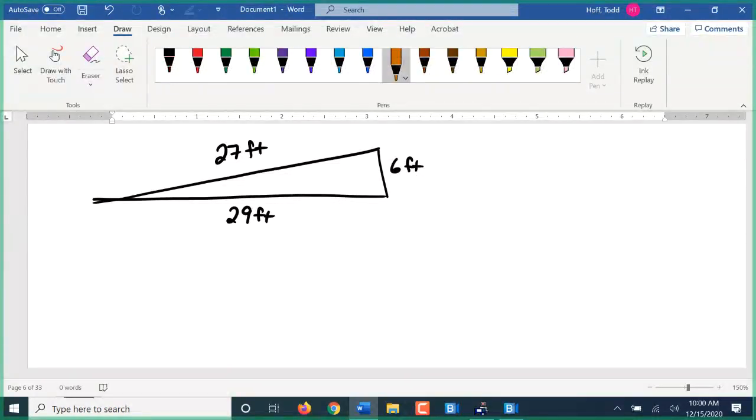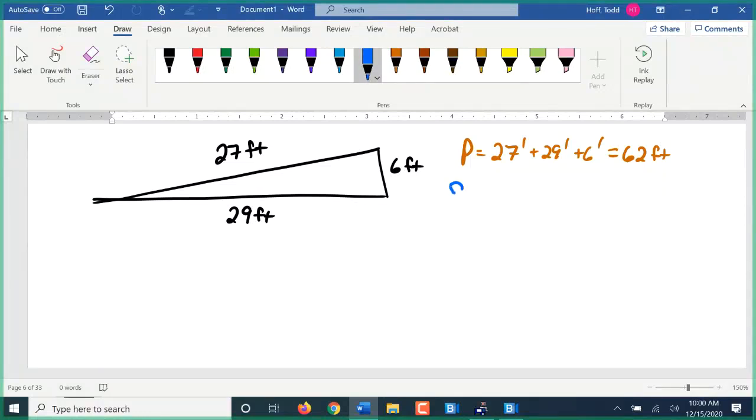To find its area, we're going to find the perimeter. The perimeter will be 27 feet plus 29 feet plus 6 feet, which is going to be, what is that, 62 feet? I believe. Yep, 62 feet.